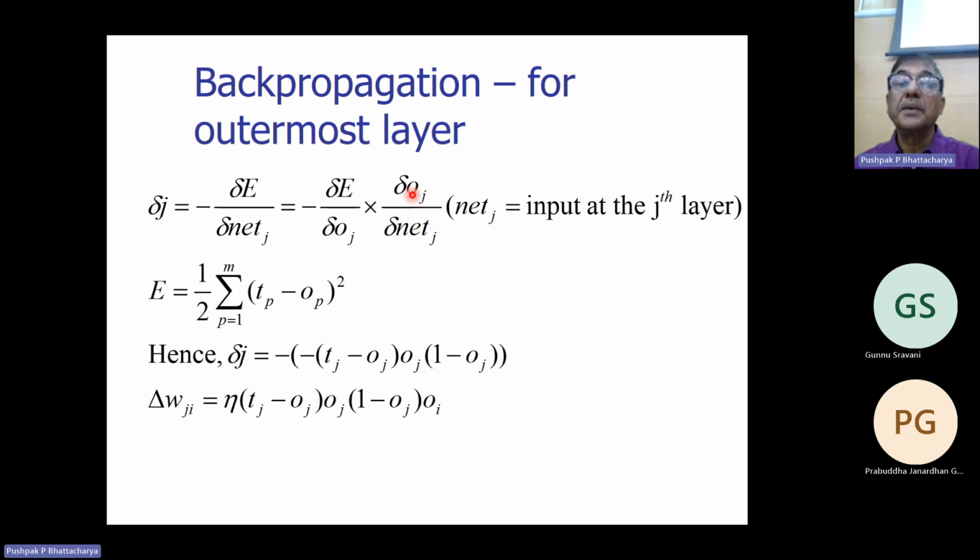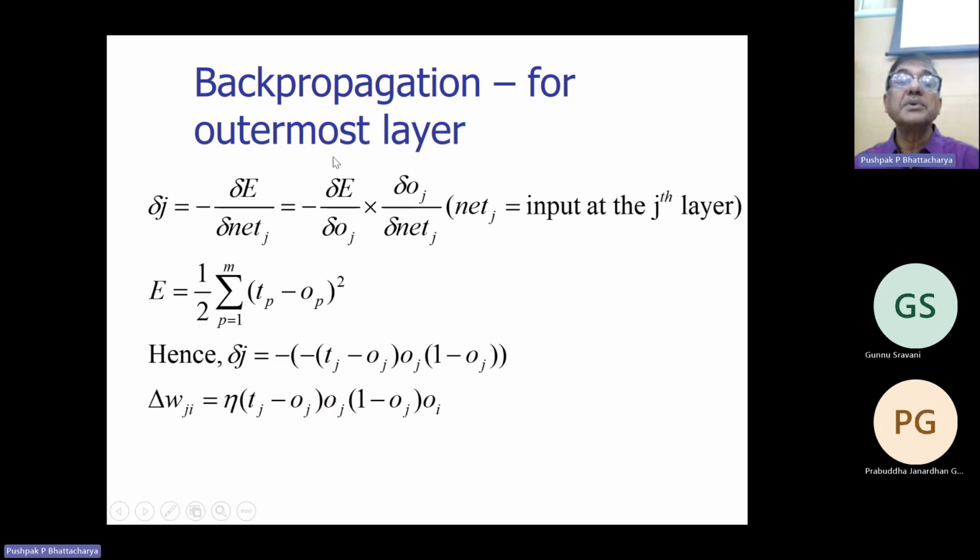O_j is the output of the jth neuron, net_j is the input of the jth neuron. And the error is half times sigma p equal to 1 to m of (t_p minus o_p) squared, where p goes over the neurons.